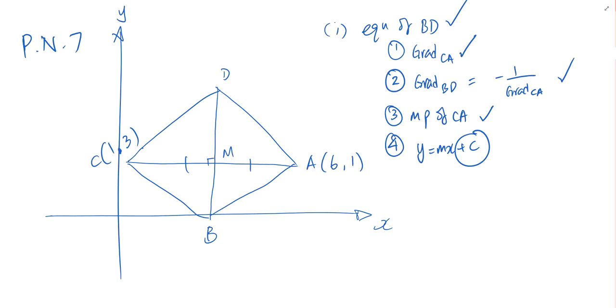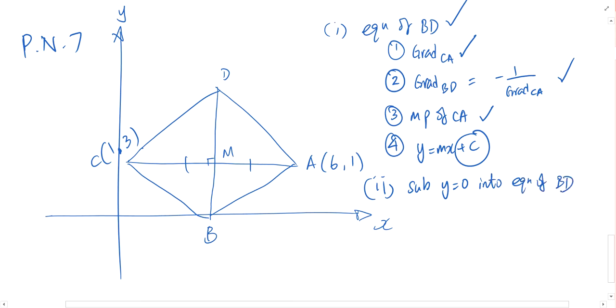Now part 2. Find the coordinates of B. Okay, so part 2 sub what? Okay, sub y equals to 0 into equation of BD. All of you agree? Because y equals to 0 will be my x-axis.